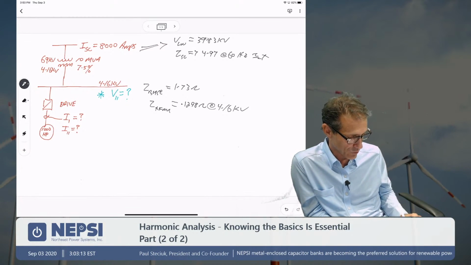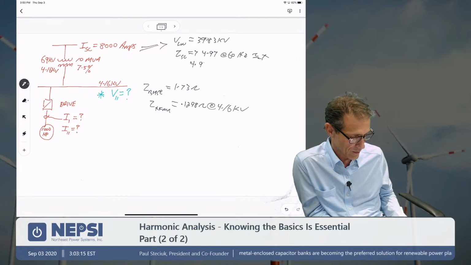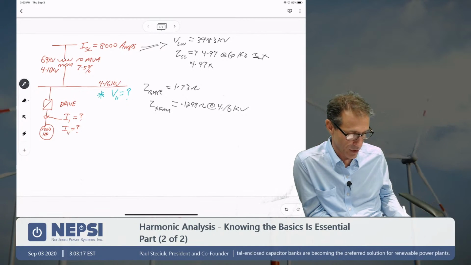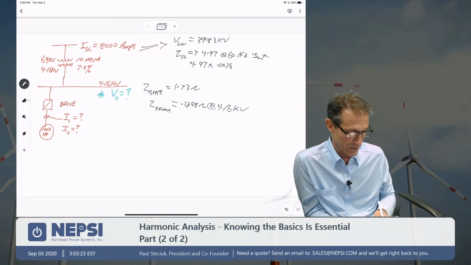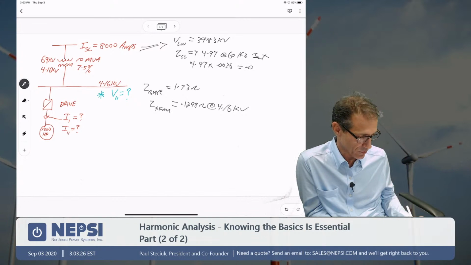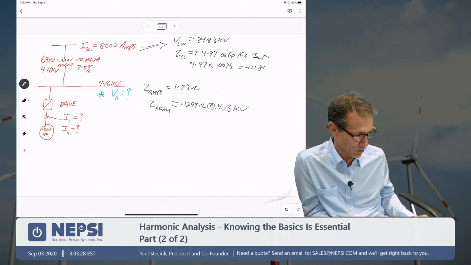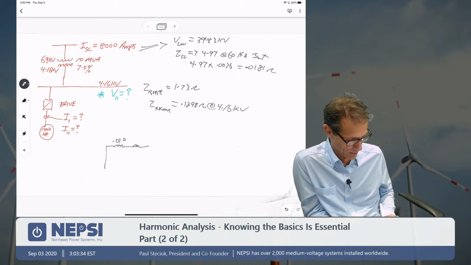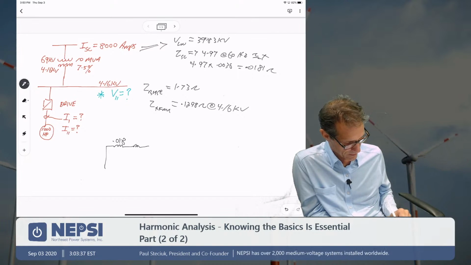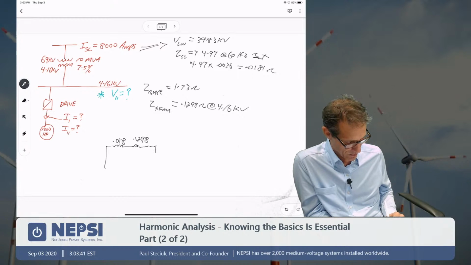So I multiply 4.97 times the transformer ratio squared, 0.0036, and I get 0.0181 ohms, a very low value. So basically we drew this equivalent circuit already. We got the values of ohms, 0.018 and 0.1298 ohms. And we got the harmonic current injection here.